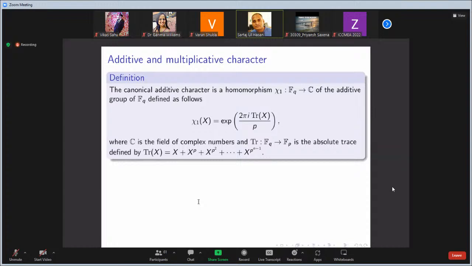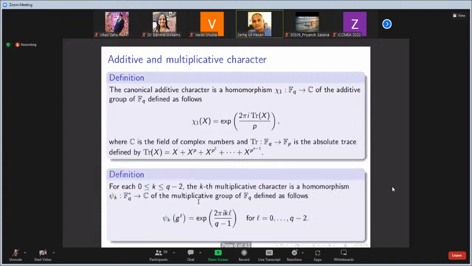Here you are taking Fq as an additive group and defining this homomorphism, which is known as an additive character. C is the field of complex numbers, and Tr denotes the absolute trace map, given by Tr(x) equal to x plus x to the power p plus x to the power p squared, and so on, up to x to the power p to the power n minus 1. This is how you define an additive character.